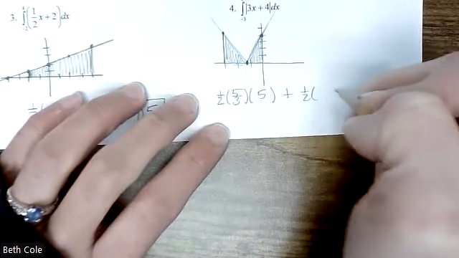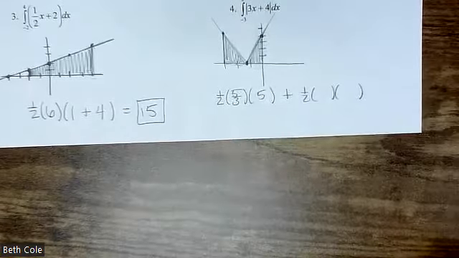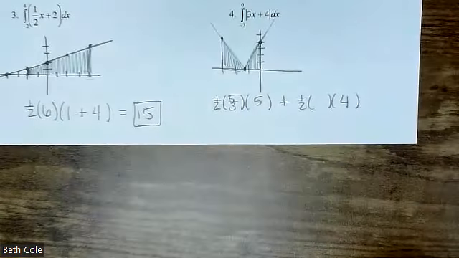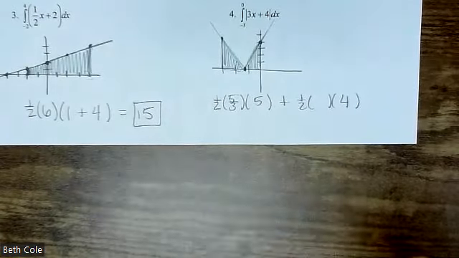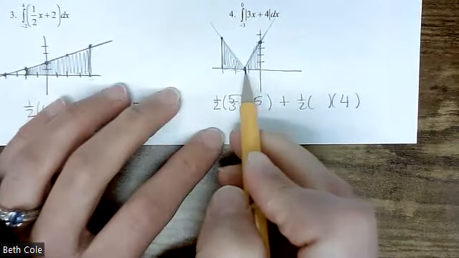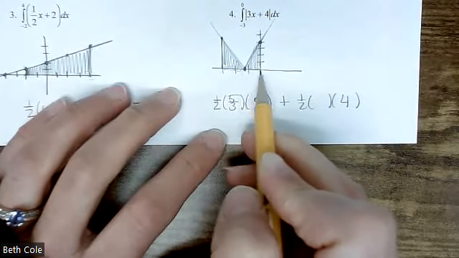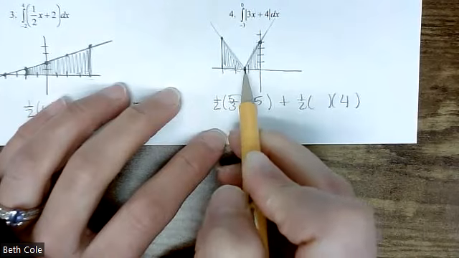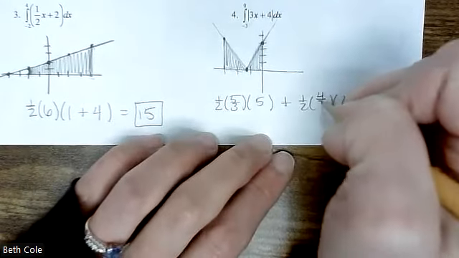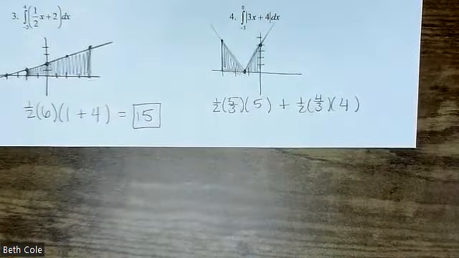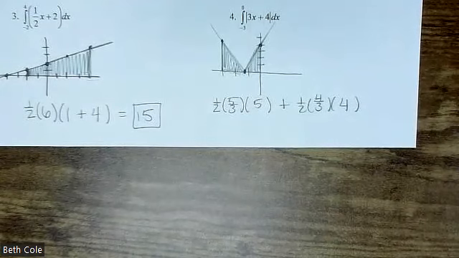Plus the other triangle, 1/2 base times height. The height is 4. We found that. That's, you know, the easy part. What's the base for this one? It's 1 1/3. So I heard somebody say it back there, 4/3. Pretend you had to get through that. It's not too terrible. That's why I'm going to make us do it.